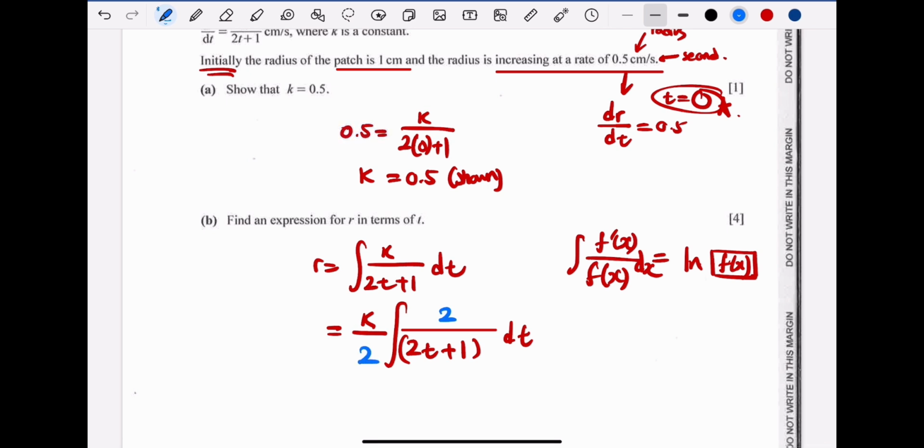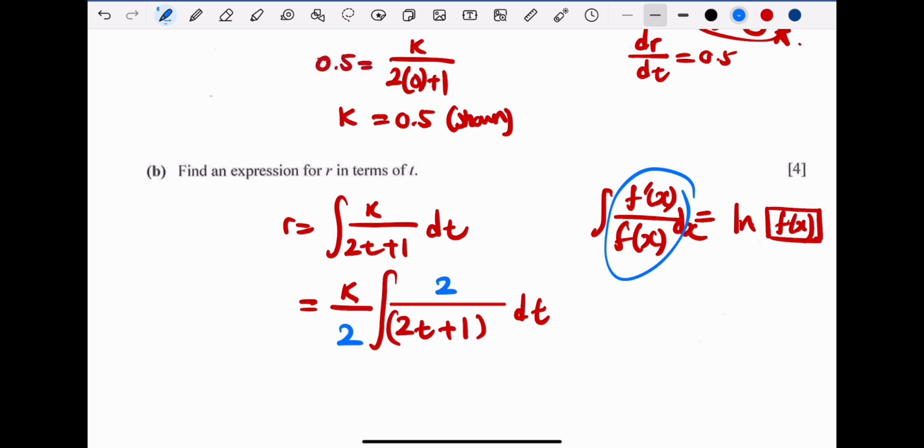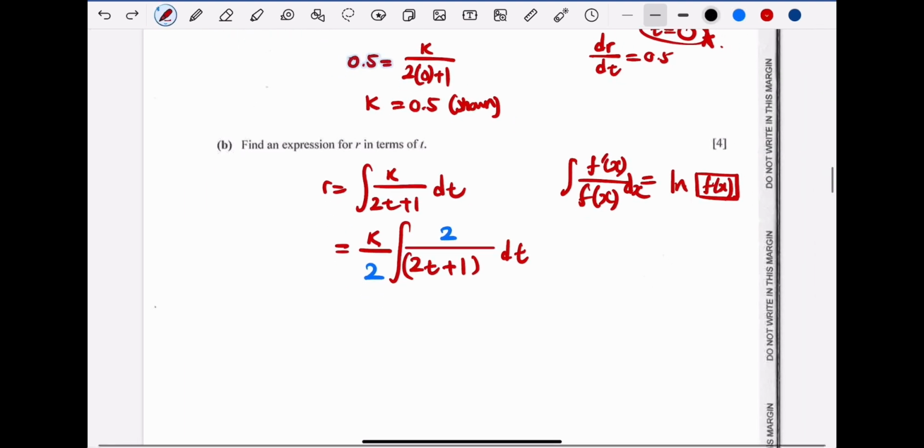And here you will see that I didn't change the meaning of it, it's still k. But I'm able to get this in the form of f prime x over f(x). As a result, this would integrate to give you k over 2 ln(2t plus 1).